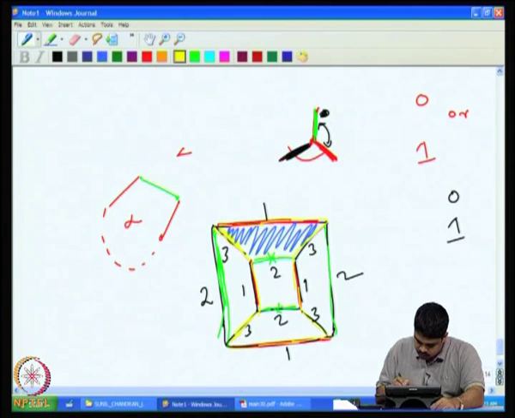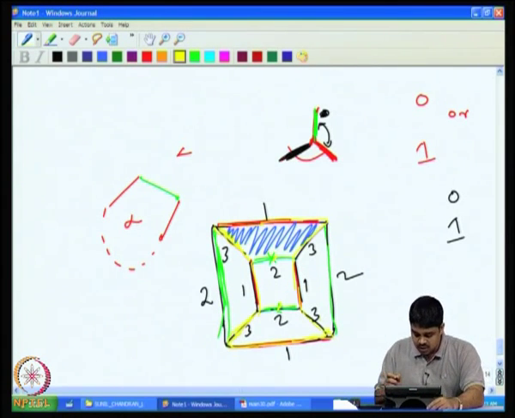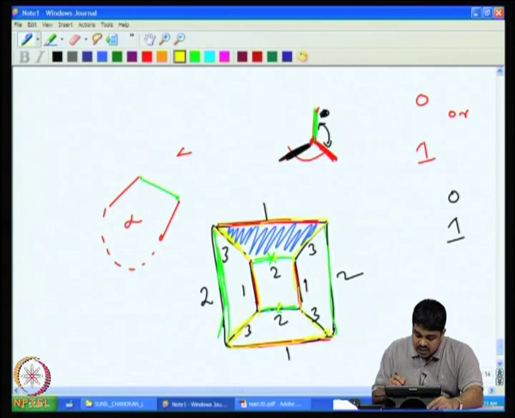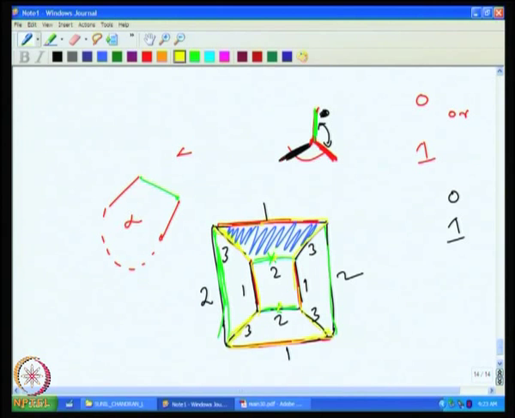This is a phase, because I am discarding the two edges, these edges I am discarding. So therefore this is a phase. On the other hand, when I consider the green and red edges, then what will happen?